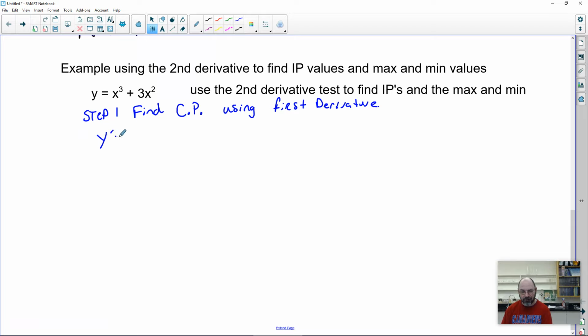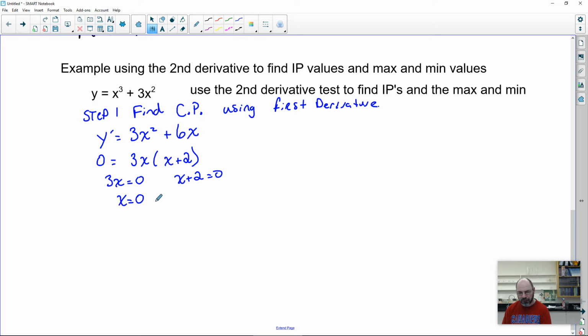So that's pretty easy. Y prime is equal to 3x squared plus 6x. We're going to set that to 0 to get our critical points. We've got 3x coming out of there, times x plus 2. So 3x equals 0, and x plus 2 equals 0, and we've got x equals 0 and x equals negative 2.